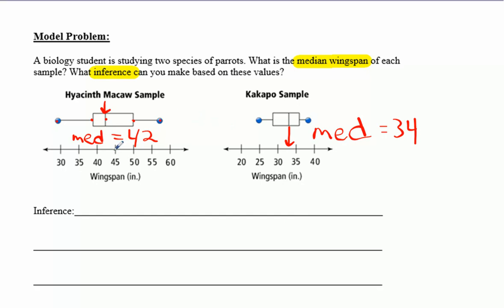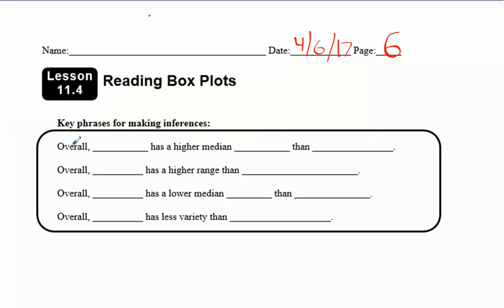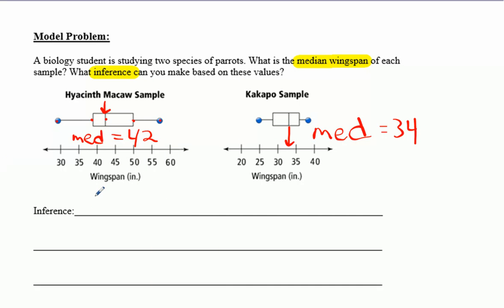All right, so now what can we say? We're going to use those sentences above. We're going to pick one that talks about median. So this one says, overall, blank has a higher median than blank. So I'm going to start with that phrase, overall. Overall, which one do we want to say?